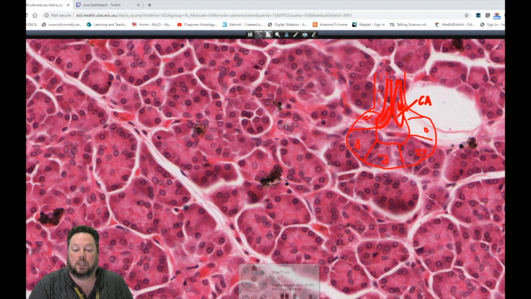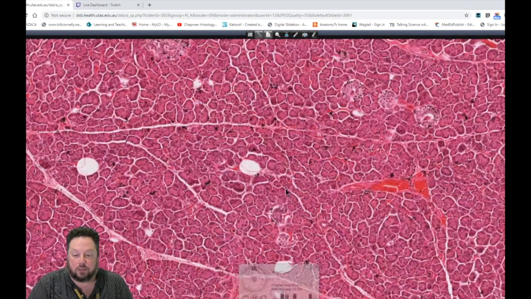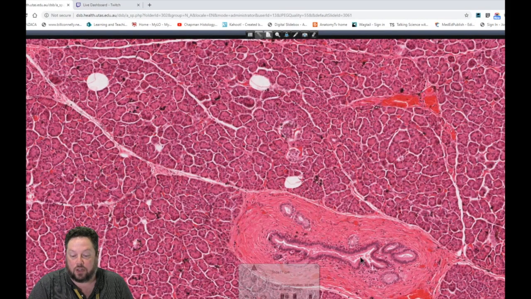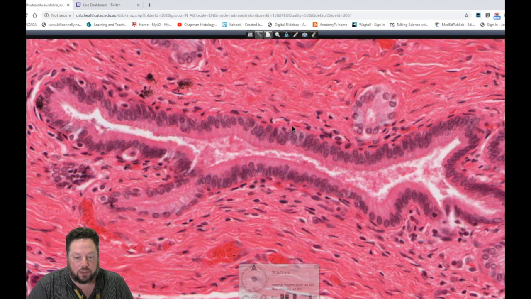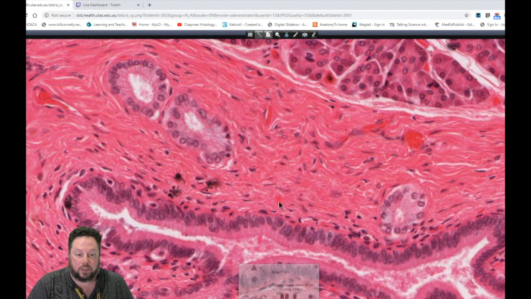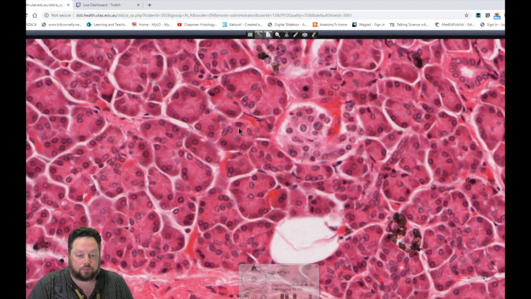So here's an example of one here. Here are the cells, and this is draining into this intralobular duct here, and then eventually they would drain into the larger duct systems in the periphery, like this structure here. This is a big duct in the connective tissue, and you can see them emptying. These are the ones coming from the acini.